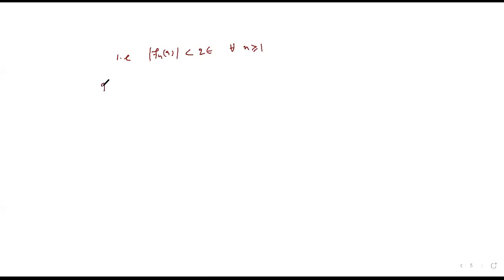So our work is done. Now f of a is less than or equal to, by the triangle inequality, f of a minus fn of a plus fn of a. This is just the triangle inequality, and here the second term is less than 2 epsilon, but the first is epsilon. Why?